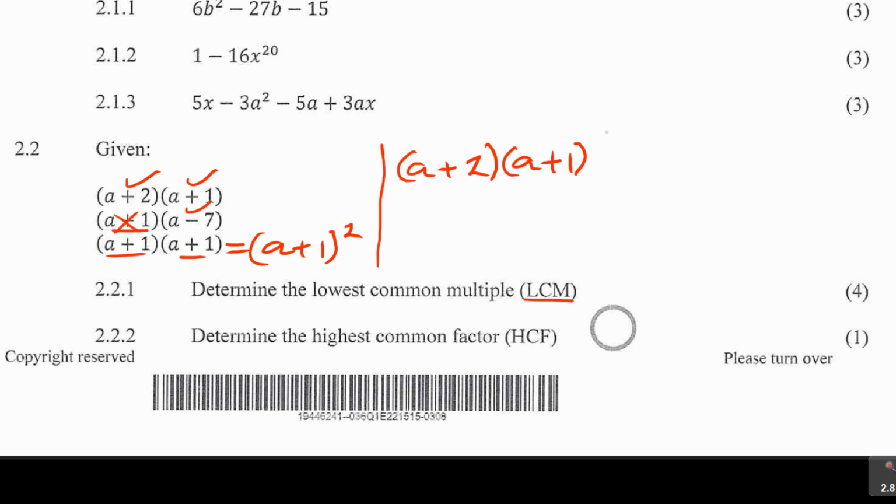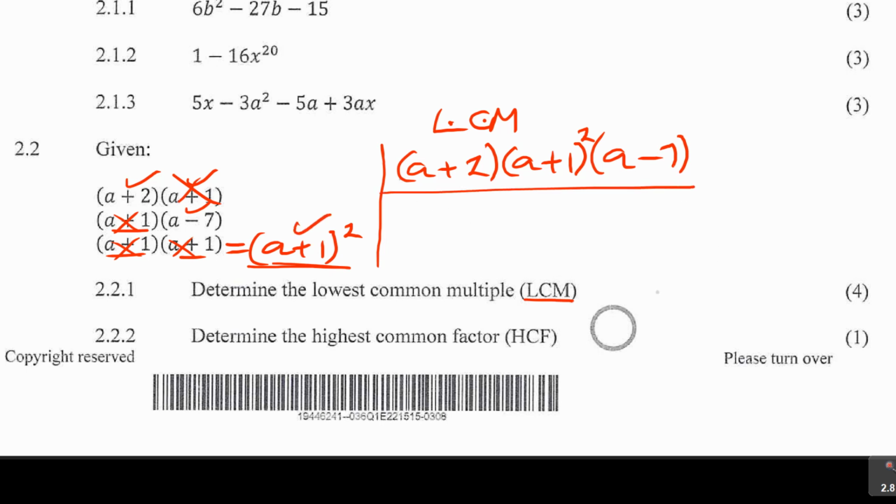A minus 7. See, this is LCM. And then after a minus 7, a plus 1, I've done it, but look, there is a plus 1 squared, so I take the one with the highest power, which is squared. So forget about this one, take that one. You always look for the one with the highest power.